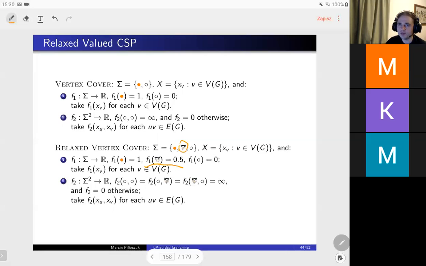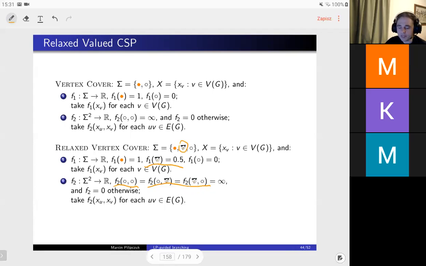So every vertex will have F1 applied to it, which will say, pay half for a joker, 1 for take and 0 for not take. And on every edge, you disallow taking two zeros, but you also disallow not take and joker. Not take and joker is also bad. This doesn't cover the edge. But you are fine with joker and take. In particular, you're fine with joker and joker. That's the important part.